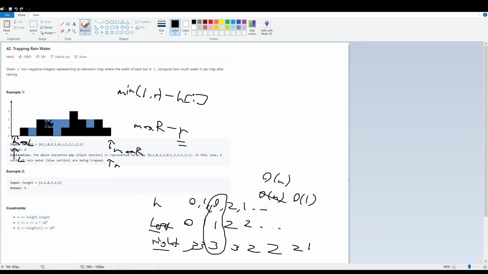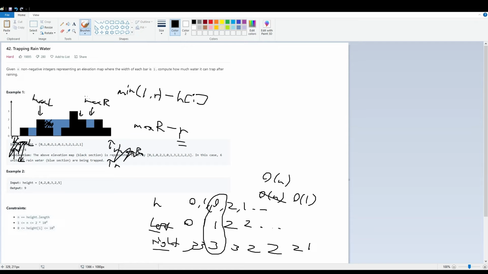And similarly for the left side. So let's say that this is the max left we found so far, and this is the max right we found so far. Actually, since this is smaller, we're going to traverse our regular right pointer here.